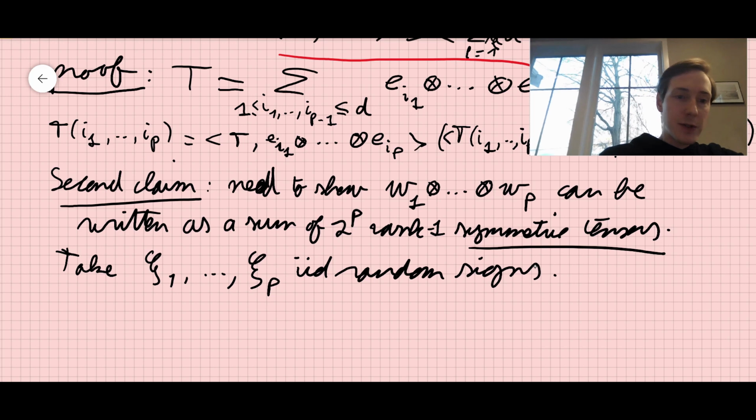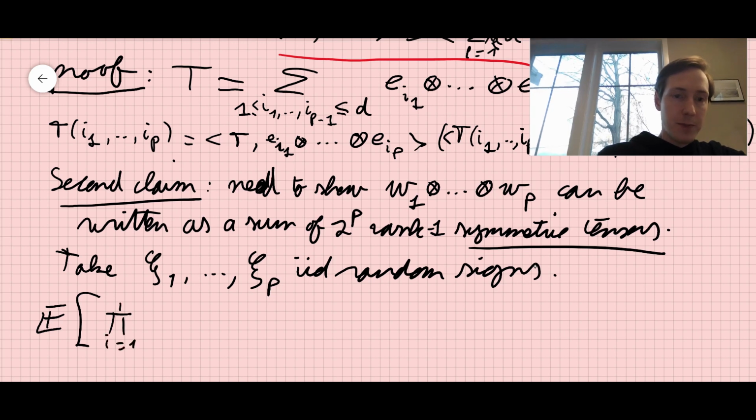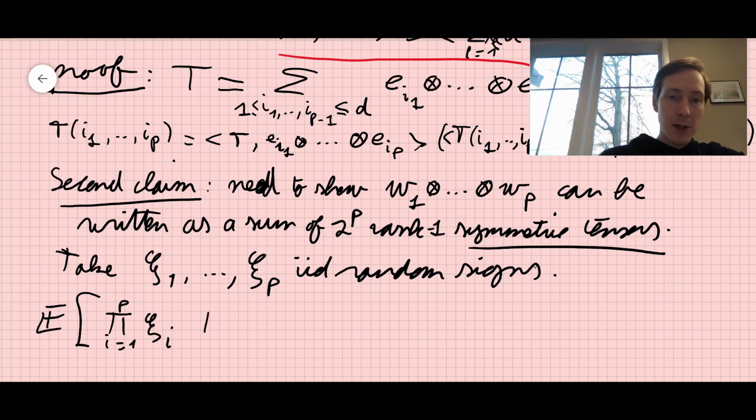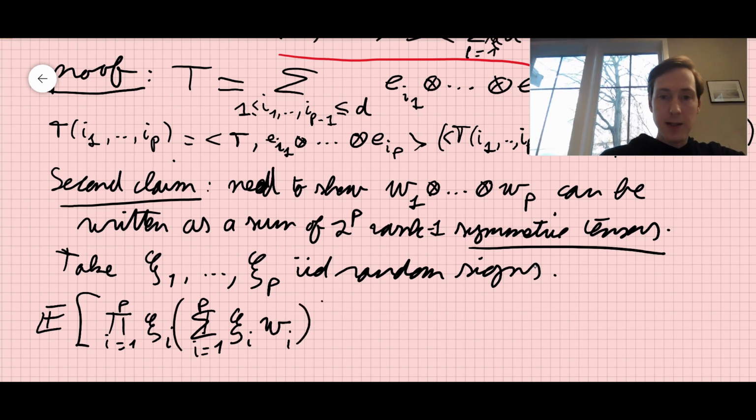And let's consider the expectation of the product for i equals 1 to p of psi_i. So this is just a sign, times the sum for i equals 1 to p of psi_i w_i, and this tensor p times.